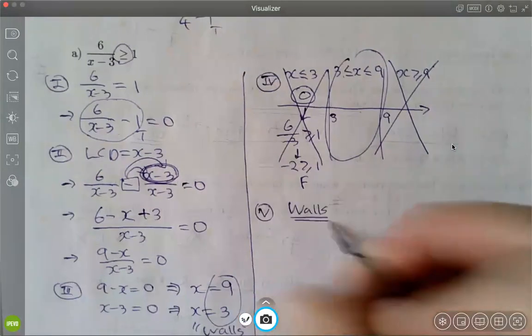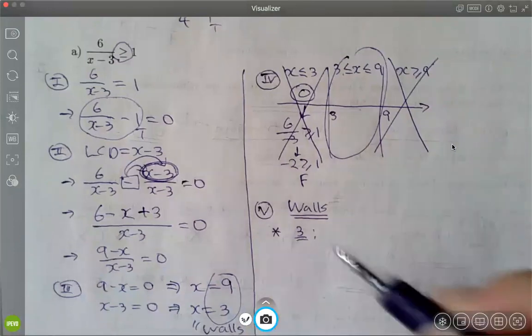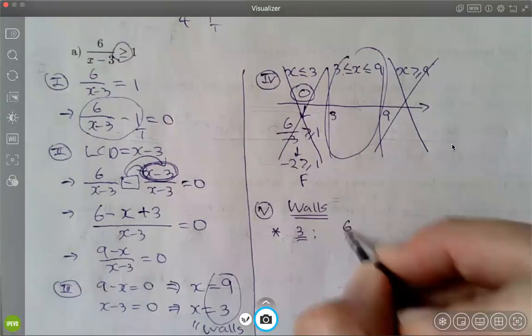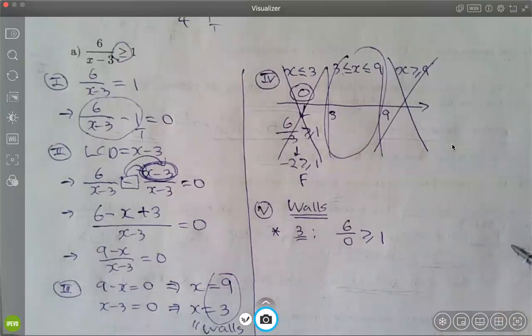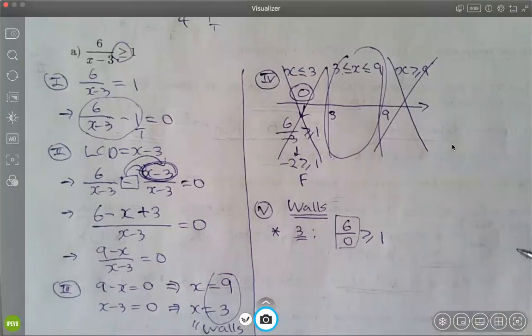Okay, so first one, 3. Plug in 3 into the original x, so what do you get? 6 over 0 is greater than or equal to 1, right? And now, what is 6 over 0? Zero?